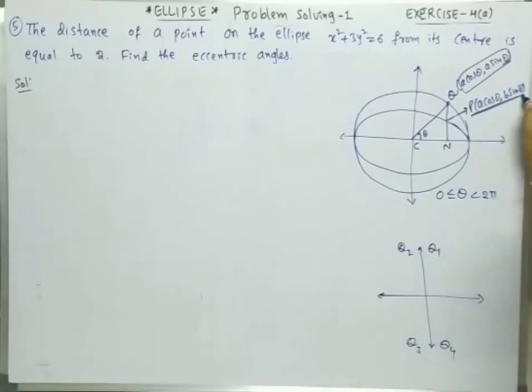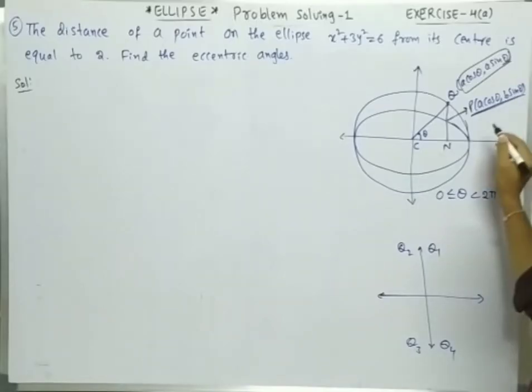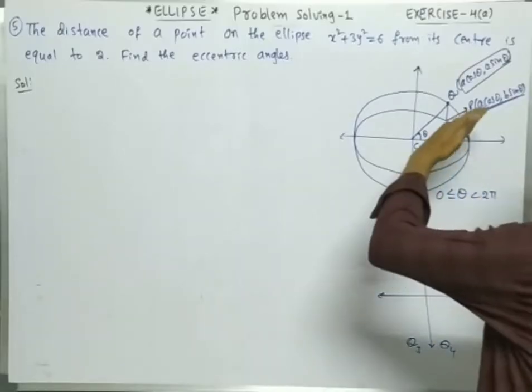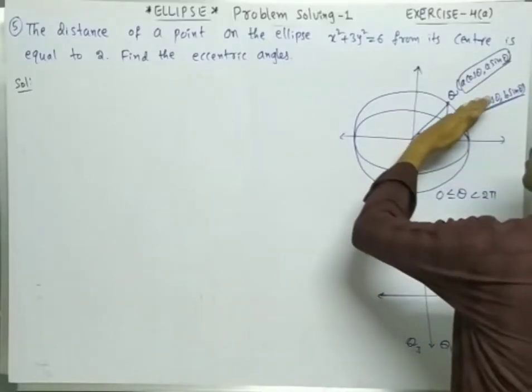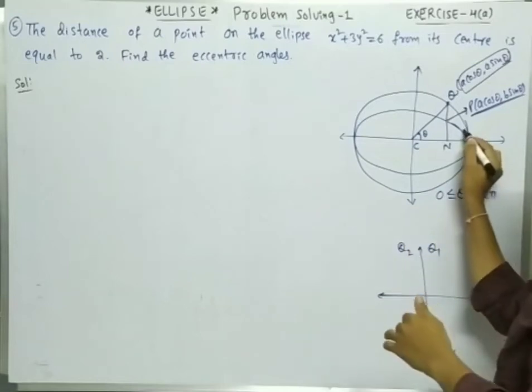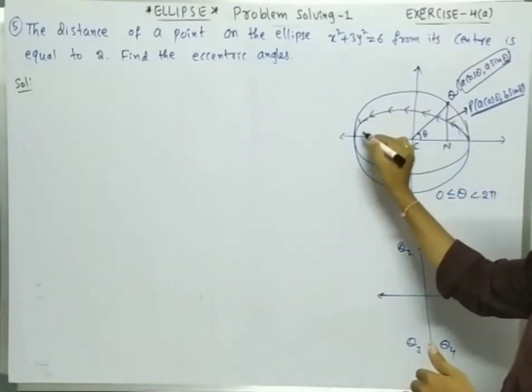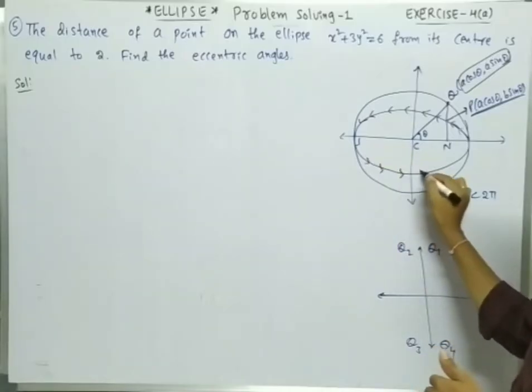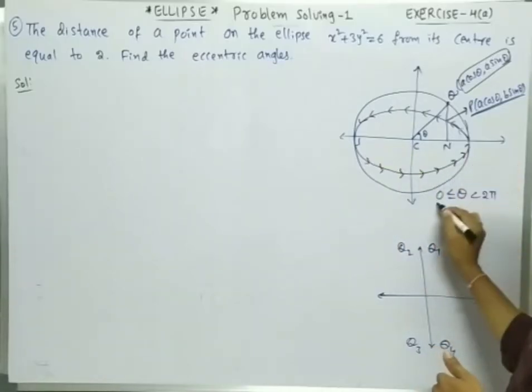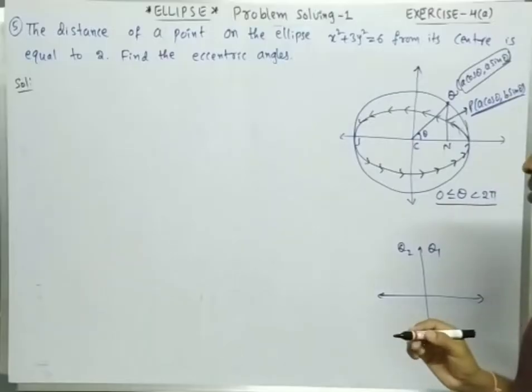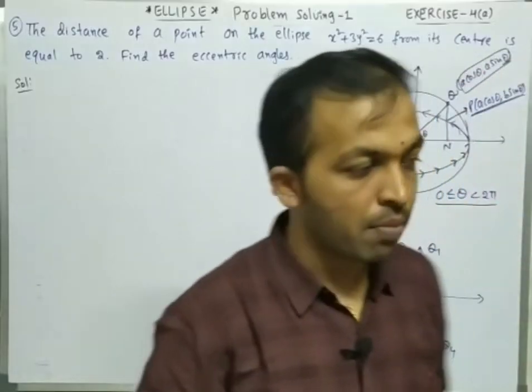The parametric form or point form is a cos theta comma b sin theta. As theta moves like this, the points are moving like this. Finally, we will reach the same position after making one rotation, that is 0 to 2 pi. So that is the concept there.